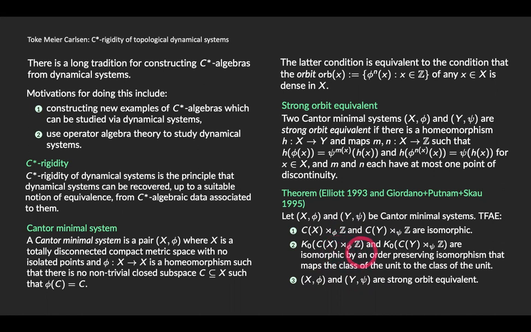Then Giordano, Putnam, and Skau proved that if we have an order-preserving isomorphism of the K groups that sends the class of the unit to the class of the unit, then the Cantor minimal systems are strong orbit equivalent. So that gives that 2 implies 3.